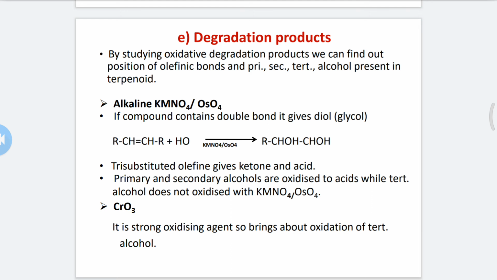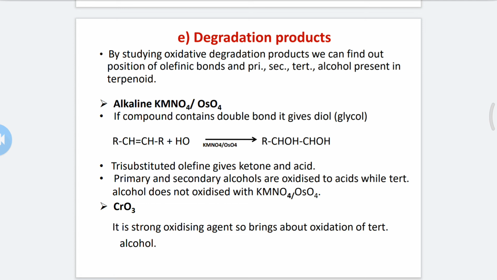And we use alkaline KMnO4. If the compound contains a double bond, it gives a diol, and this confirms the presence of a double bond in terpenoids. A tri-substituted olefin gives ketones and acid.